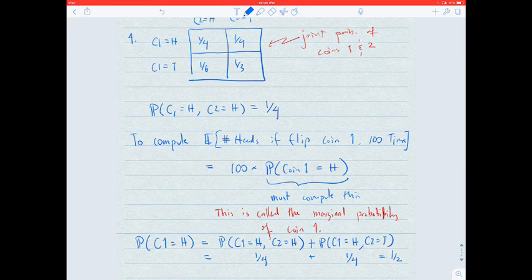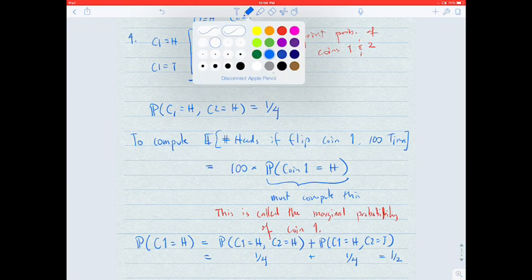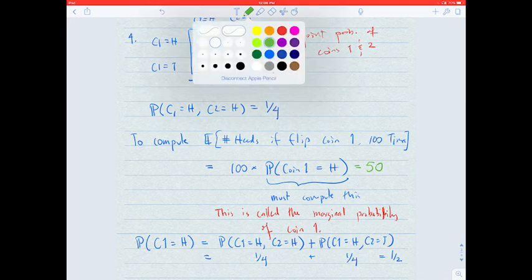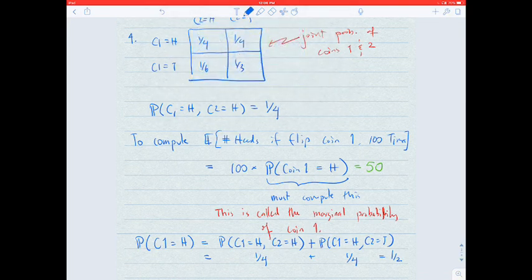Just for exercise, let's also compute, even though the problem doesn't ask, just to complete the solution. We see that the solution is now the first choice, which is 50. So we can now fill in the answer here. This is equal to 50 because it's 100 times 1/2. But now, just for fun, let's compute the marginal of coin 2.